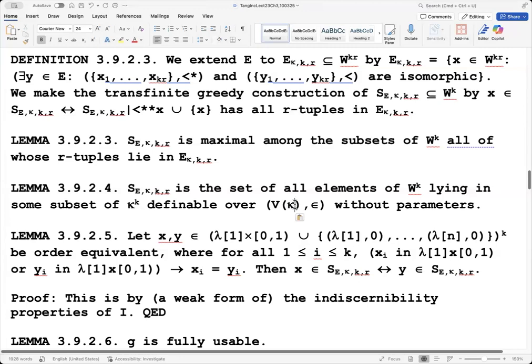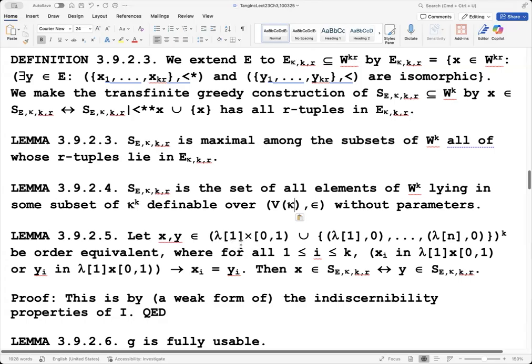All right, now the next lemma is an immediate consequence of the indiscernibles. I'm saying if you have x and y that are in this Cartesian product, among the indiscernibles that we use to build W, our space. See, we're not looking at all of W here.